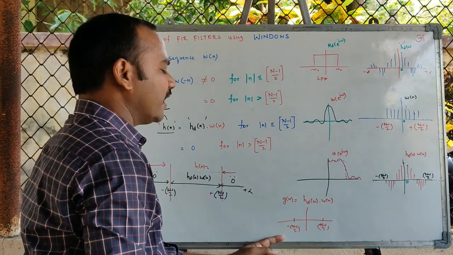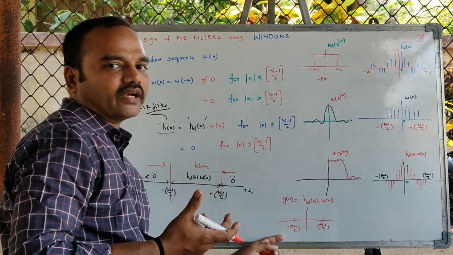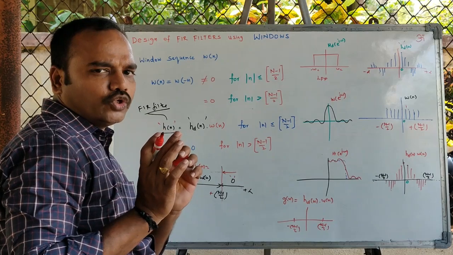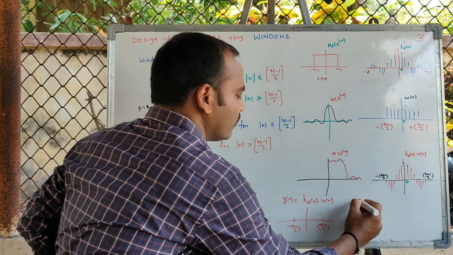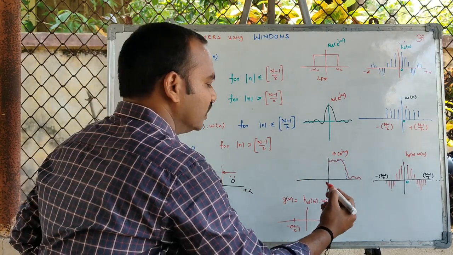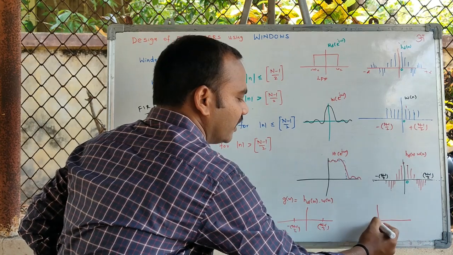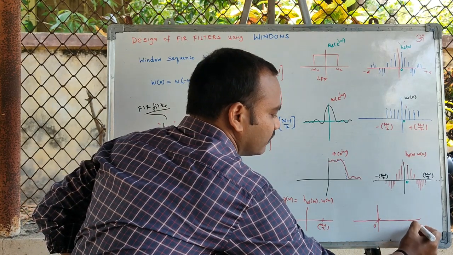This is a practically not realizable filter. So in order to have a practically realizable filter, you need to shift these filter coefficients. That is, we take the Z transform of this one and multiply it with z to the power minus (N minus 1)/2. Thereby you are going to get a practically realizable filter starting from 0 to N minus 1.